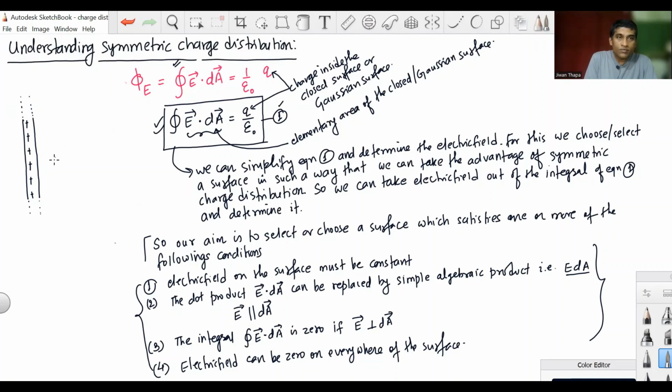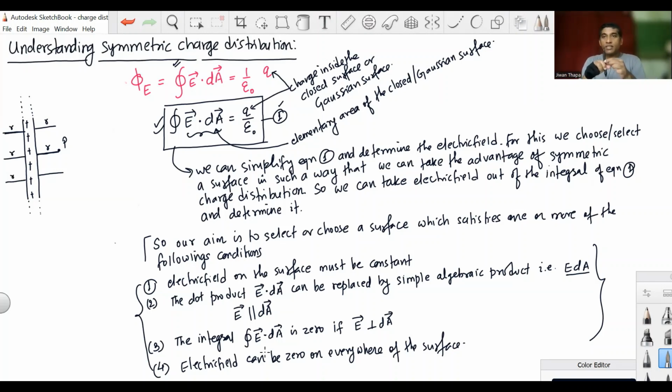Now, let us take point P at distance r from the conductor. I can take another point at the same distance r, and the next point at distance r on this side also, at the same distance r.